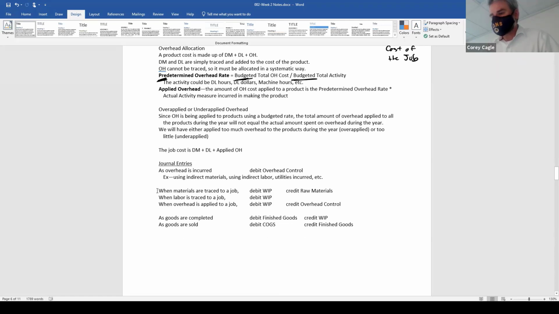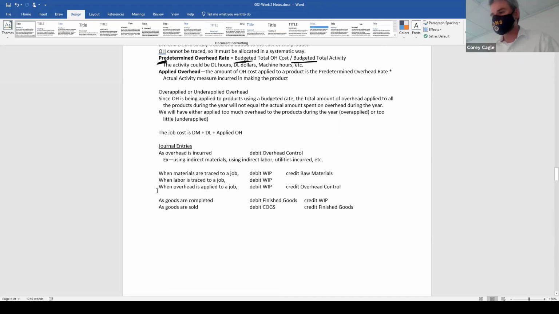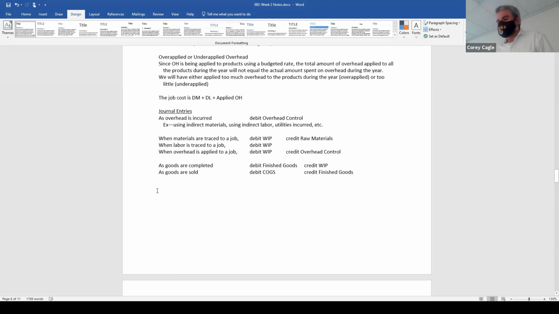I don't know the extent to what you'll need to know journal entries, but I would say definitely understand that direct material, direct labor, and overhead are associated with jobs.